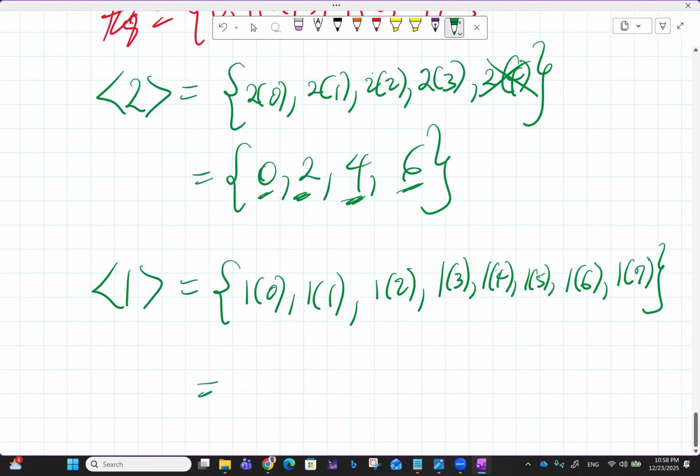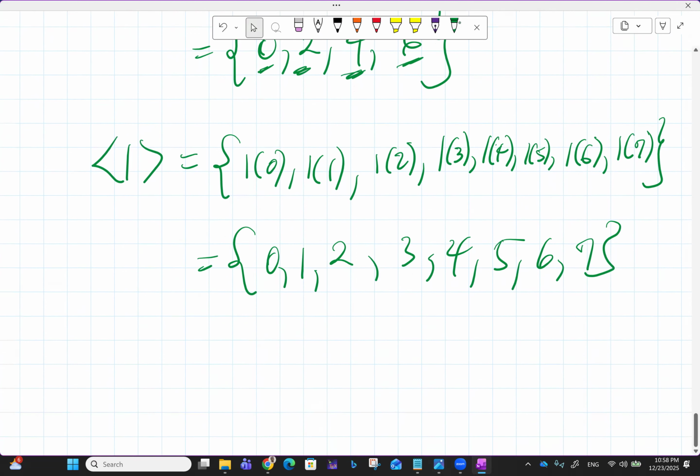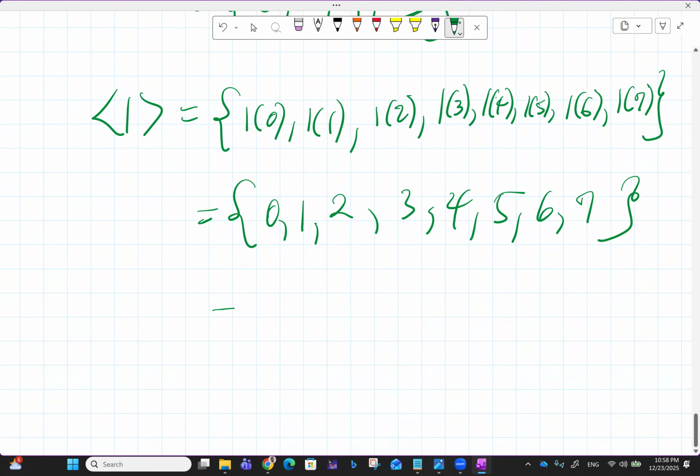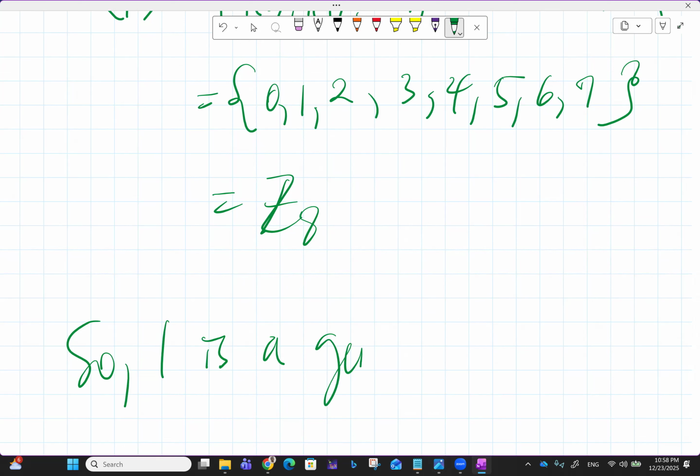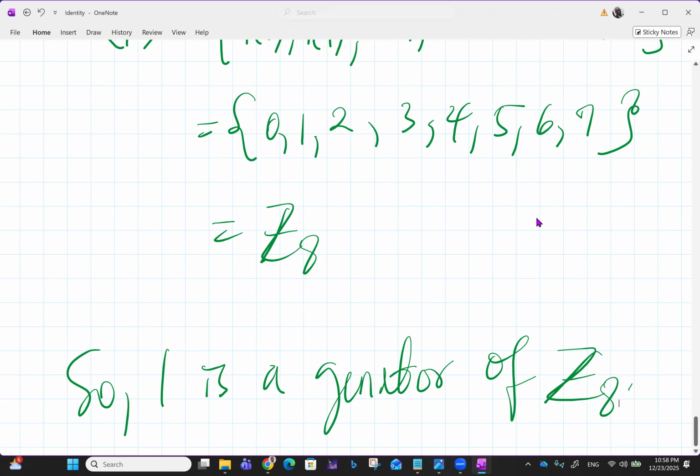So this is just 0, 1, 2, 3, 4, 5, 6, and 7, the same thing as the Z8 we are coming from. So 1 is a generator. It generates everything. 1 is a generator of Z8, but 2 doesn't generate everything in Z8.